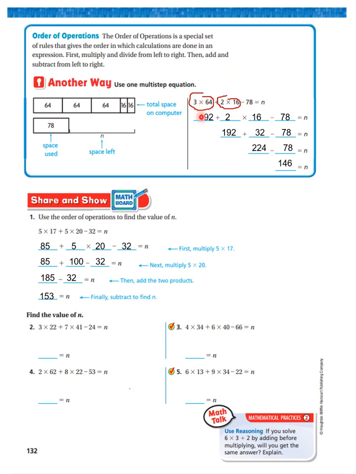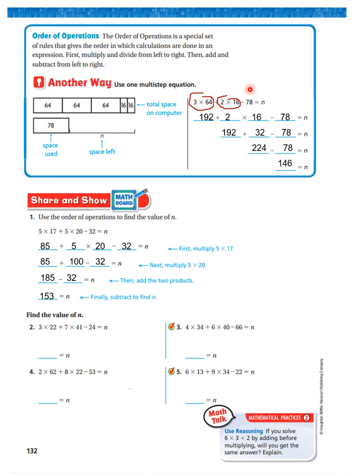So 192 plus 32 minus 78 equals n. Now it said you add and subtract. So I add 192 and 32, which is 224, minus 78 equals n. N equals 146. Okay? All you have to do is just think, multiply, multiply, add, then subtract.